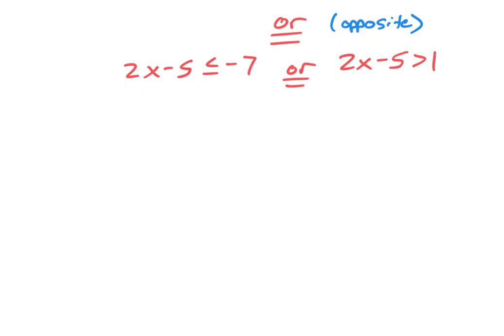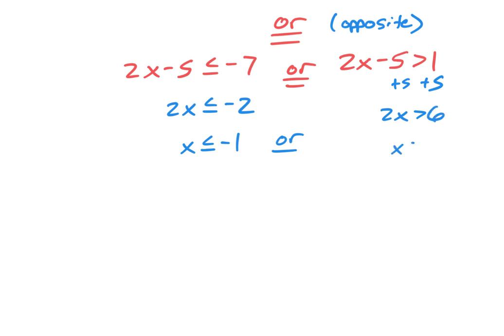Okay, so on this one, we're going to solve both of them. We got 2 of them that we have to solve for. So 2x is less than or equal to -2. Divide by 2. x is less than or equal to -1. Or, and then we add 5 and divide by 2.